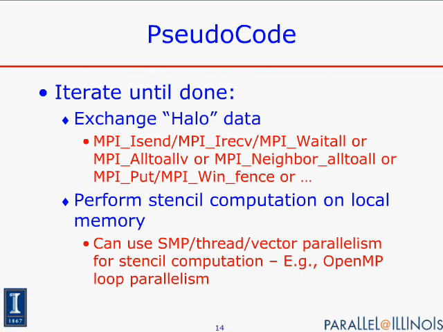And that might be implemented, for those of you who know MPI, with, say, MPI_Isend, MPI_Irecv, and Waitall, or maybe with MPI one-sided operations, so MPI_Put and fence, or even some of the new collectives like MPI_Neighbor_alltoall. And then there are a bunch of other possibilities here.